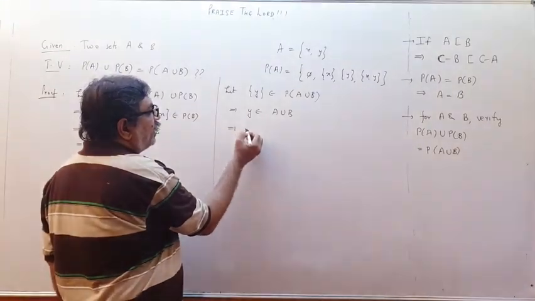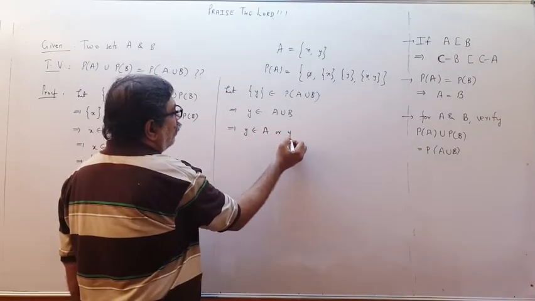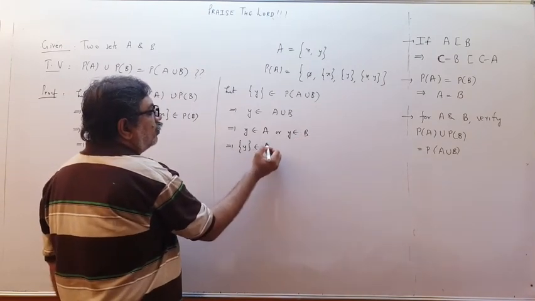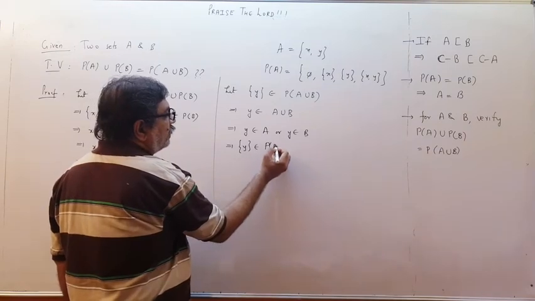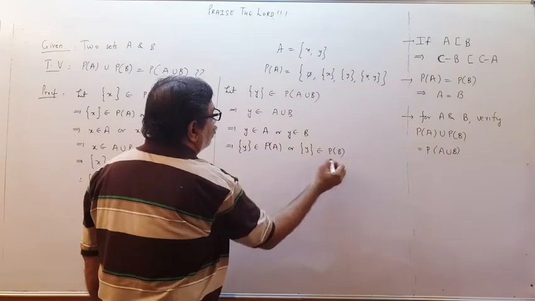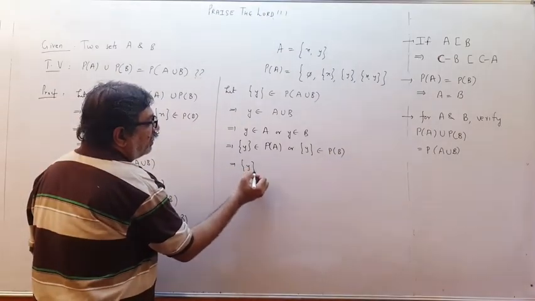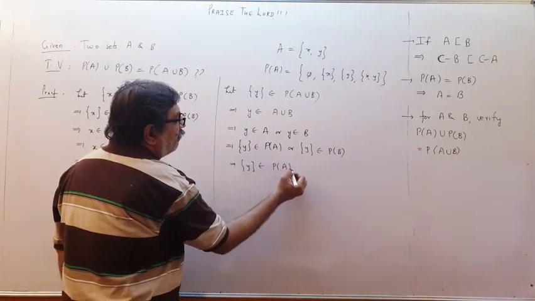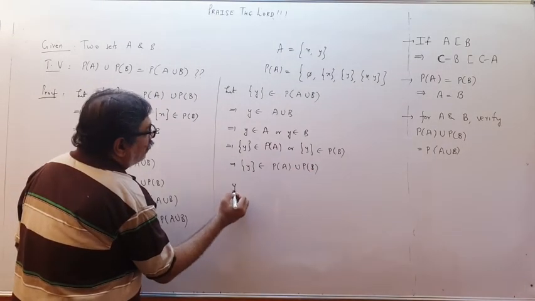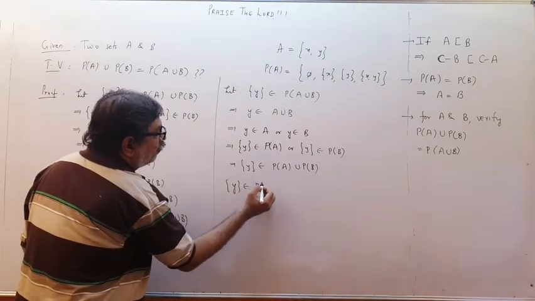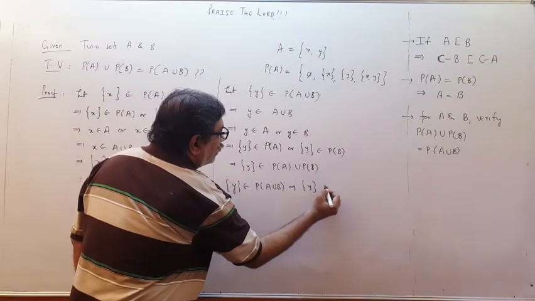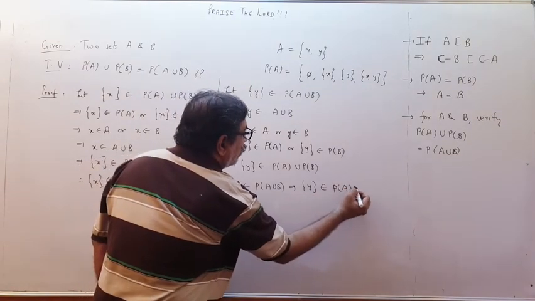Y belongs to A union B means either Y is in A or Y belongs to B. That means set Y will belong to power set of A or set Y will belong to power set of B. That means set Y will belong to power set of A union power set of B. So that means set Y belonging to power set of A union B has implied set Y belonging to PA union PB.